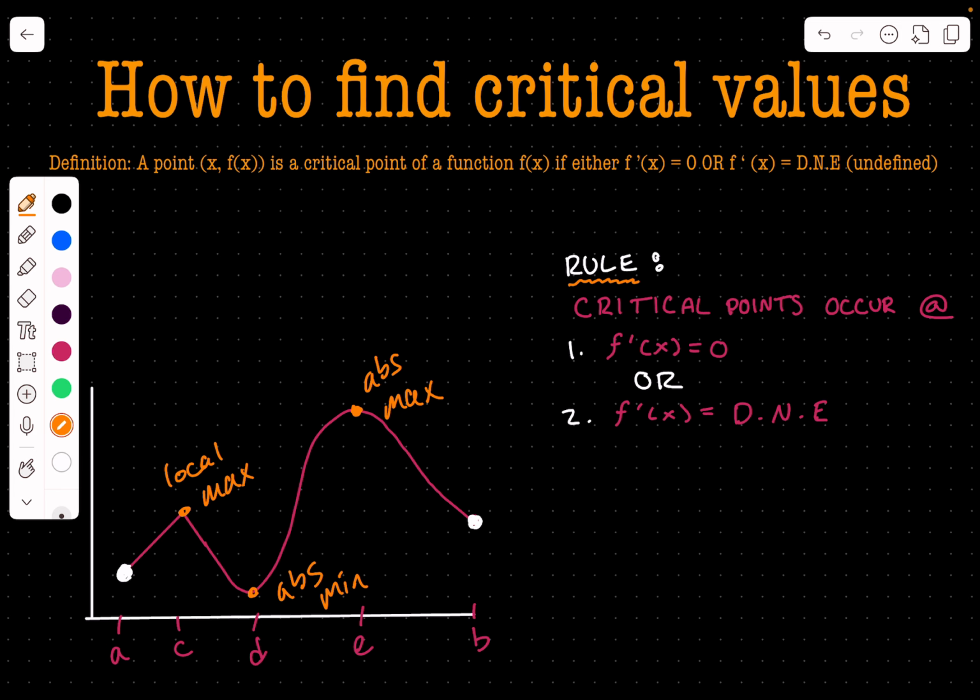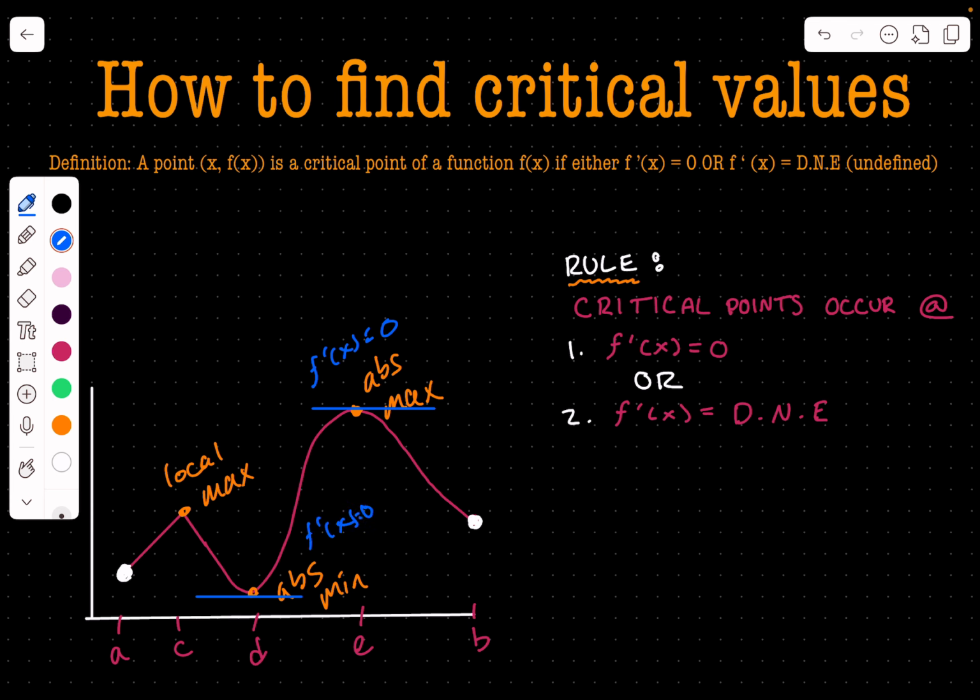So how did we figure out, according to Fermat's theorem, whether f'(x) equals 0 or does not exist, if we're just looking at it graphically, not algebraically? Well, if we can make a unique horizontal tangent line at the critical point, then at those points f'(x) equals 0. So here f'(x) equals 0, and down here f'(x) equals 0.